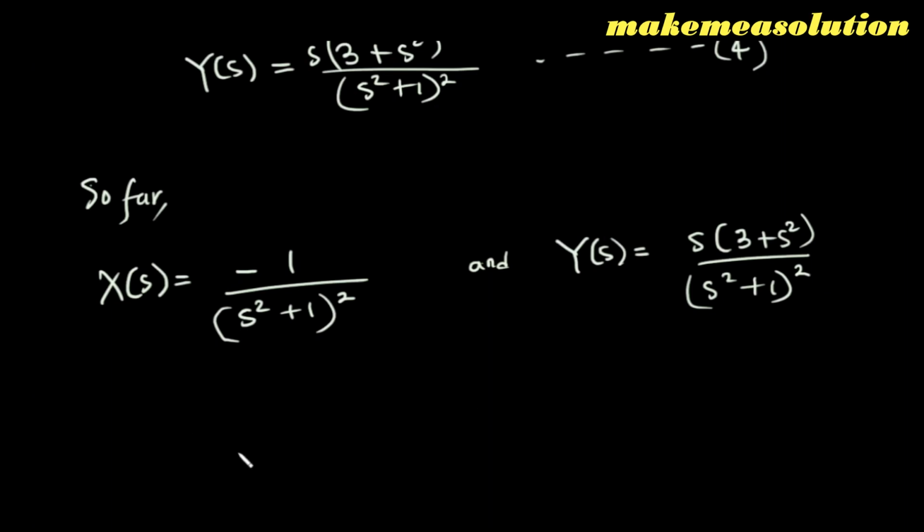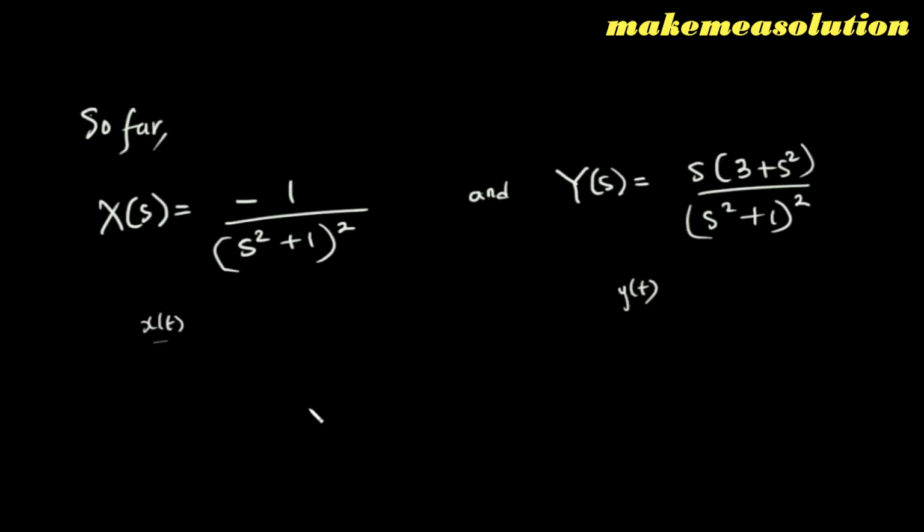So at this point we are almost done. We can now go ahead and find the inverse Laplace transform of equation 3 and equation 4, so that we can get the x of t and the y of t, which we will call the solutions to our system of equations.